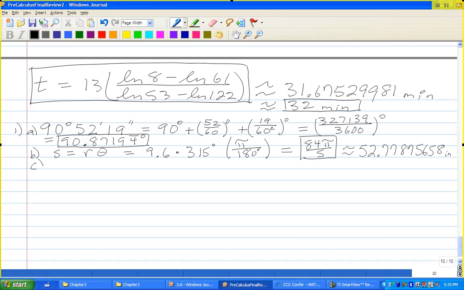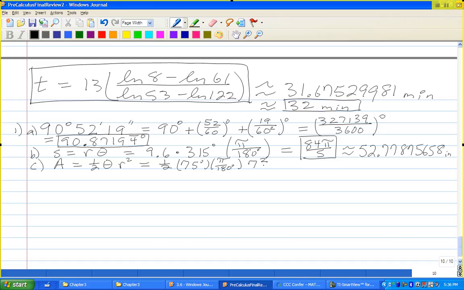C. Find the area of a sector of a circle of radius 7, subtended by a central angle of measure 75 degrees. So you have to multiply by pi over 180, and then 7 inches.